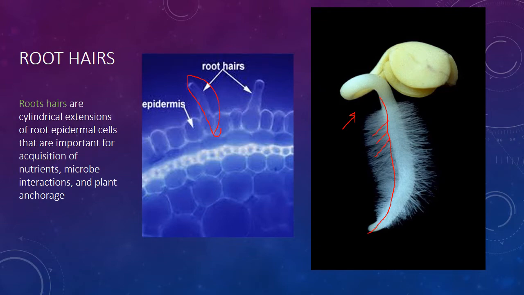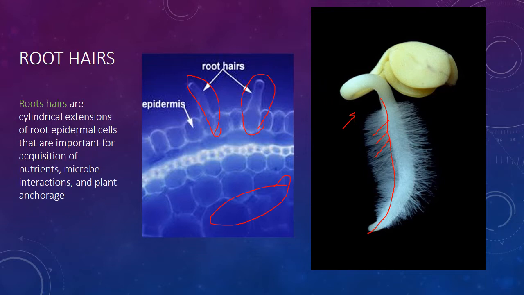Now, the root hairs are different from lateral roots based on where they arise from. The root hairs, like I said, are modified epidermal cells. And you'll learn later that lateral roots come from an area that's much further inside the root, called the pericycle, but you don't need to know that yet. You will later.